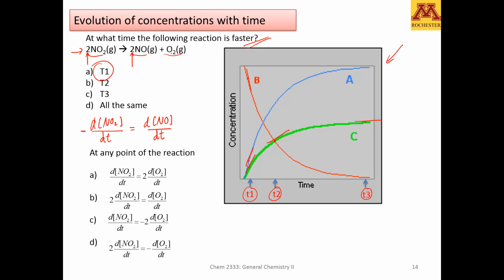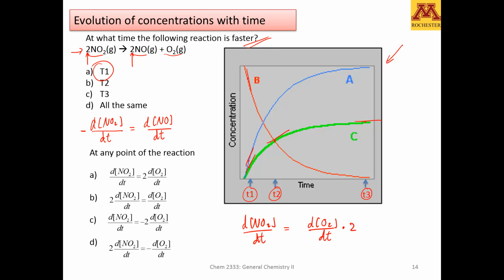How about oxygen? Oxygen will appear at half of its rate with respect to the rate at which the reactants disappear. So if we talk about the rate at which the oxygen product appears, well, oxygen appears much slower, or twice slower, or 1/2, so one needs to multiply by 2 to make it equal, right?